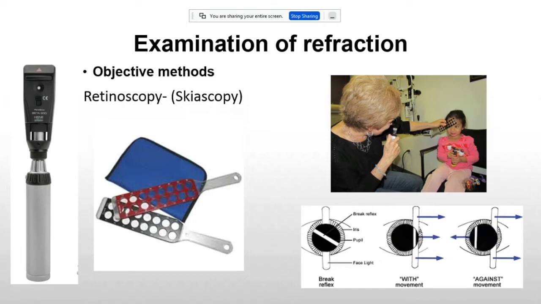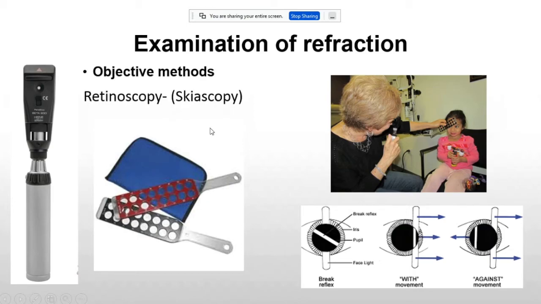So one standard situation is created to bring the distant point of the examined eye to 1 meter, which is the distant point of clear vision of a myopic eye with -1 diopter, using these scales of plus and minus lenses.